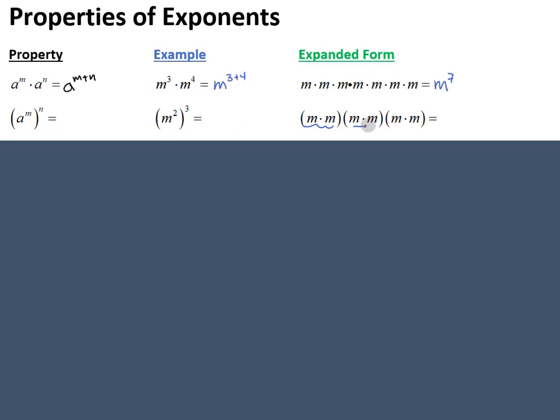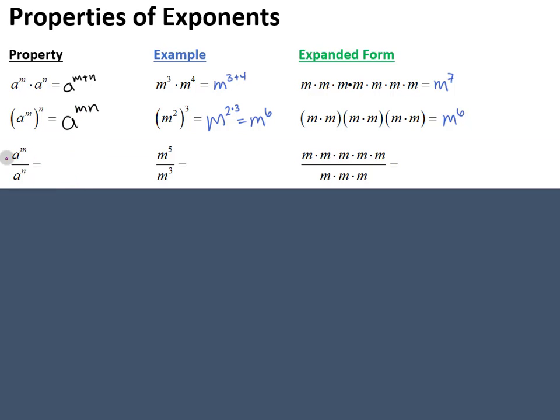So if we fully expanded this out, we end up getting 6 m's all being multiplied together, m to the 6. And so we can tell to get to 6 from 2 and 3, we would need to multiply our exponents, 2 times 3, or m to the 6th power. So for a power raised to another power, we multiply the exponents, m times n.